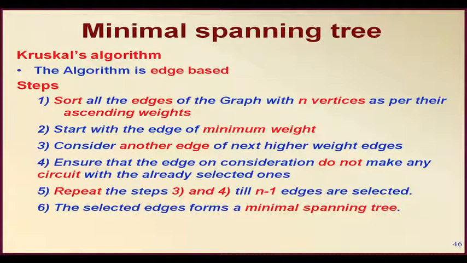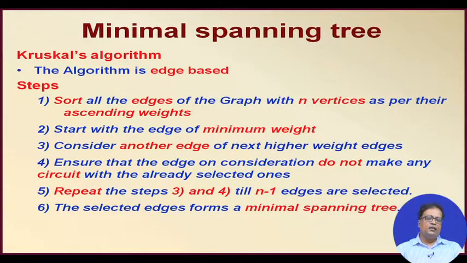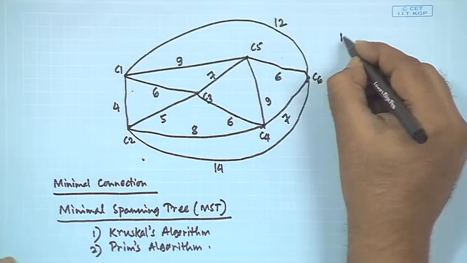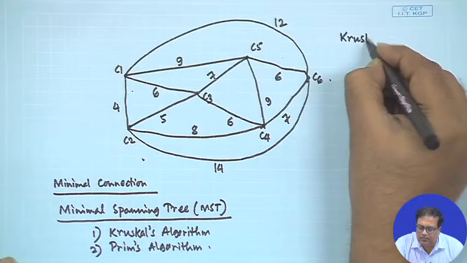You see, it is not with the last selected edge, that is the mistake people make. The idea here is, you have already selected a few edges, see that the next edge does not make a circuit with the already selected ones, and continue till how many edges? N minus 1 edges are selected, right. When n minus 1 edges are selected, you get a minimal spanning tree. So, now let us look at how Kruskals method can be applied for this particular problem.